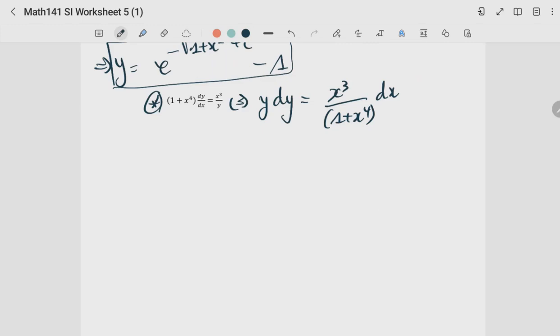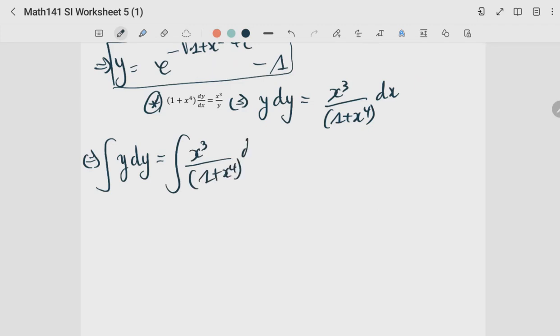Introducing the integral on both sides, we have the integral of y dy is equal to the integral of x cubed over 1 plus x to the 4 dx.